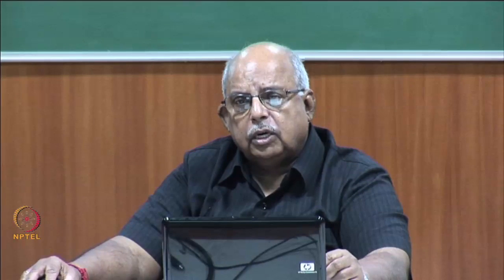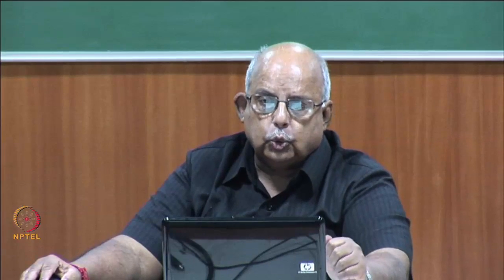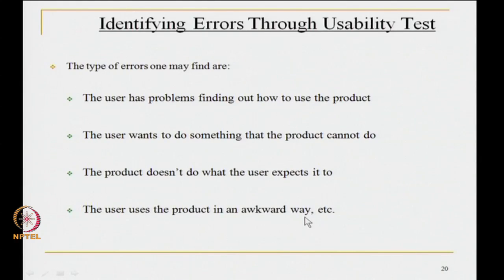If the price of rectification of a gadget error is higher than the price of the product itself, then what does it do to the market? And these are managerial issues of man machine interface which one needs to handle. The user uses the product in an awkward way, and then what results? So, these are errors which need to be identified and solutions found for them at the product design level itself.